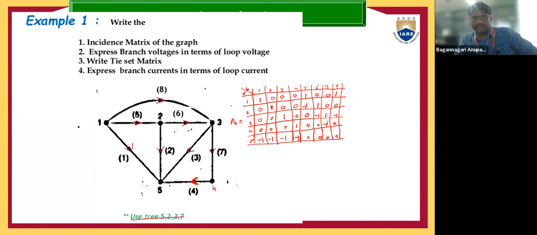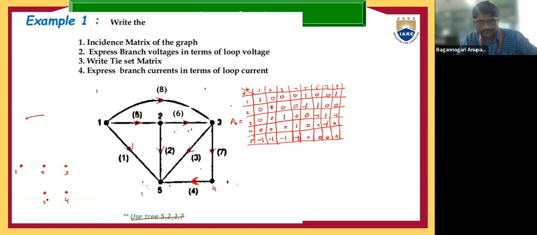I'm drawing a tree here, starting between 1 and 2. The condition is that we need to connect all the nodes. So this is 1, 2, 3, 5, and this is 4.